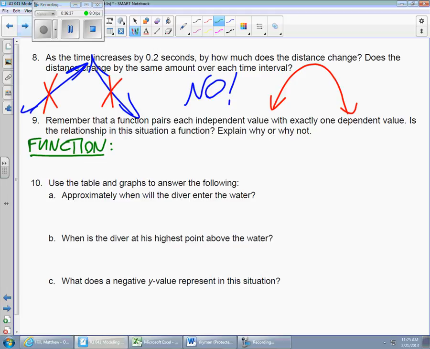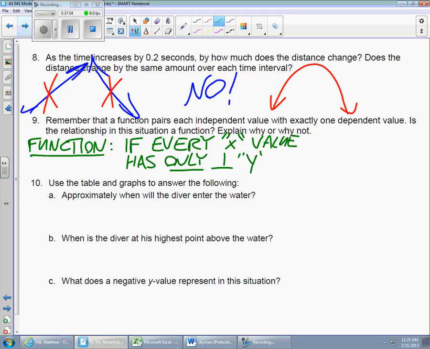A function has a big, long, complicated paragraph definition, but let me boil it down to you. A graph is going to be a function if every x value has only one y value to go with it.